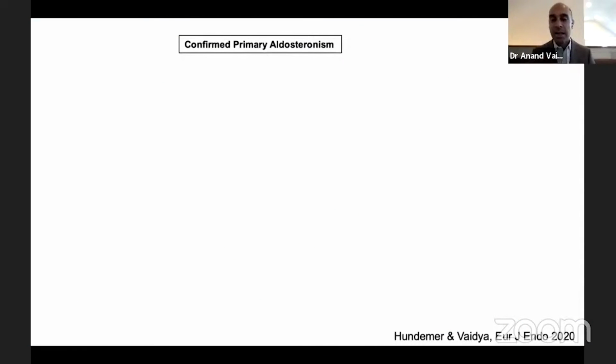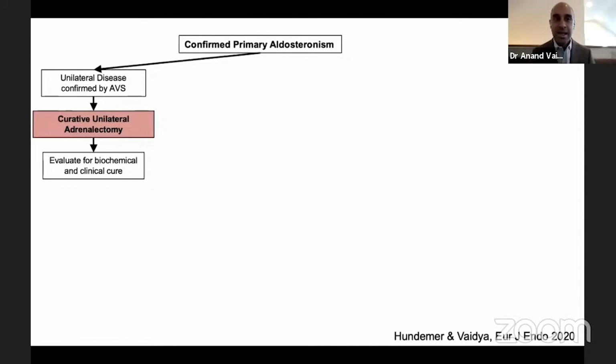So the treatment algorithm that we recommend is, once you've confirmed primary aldosteronism, if you can prove unilateral disease, ideally by adrenal venous sampling, or in a very young patient with a clear-cut unilateral adenoma, the best treatment is surgical unilateral adrenalectomy. This is the best way to improve biochemical parameters, to improve blood pressure, and reduce cardiovascular risk.